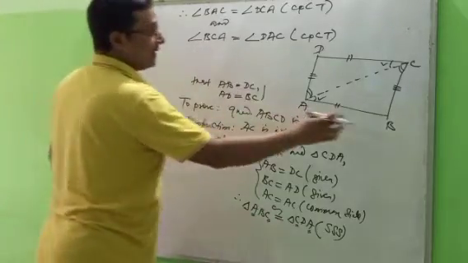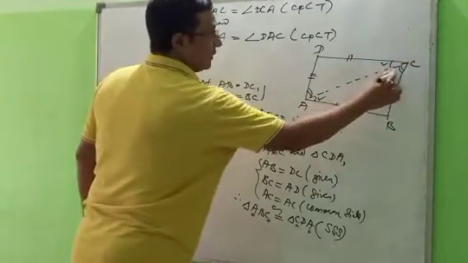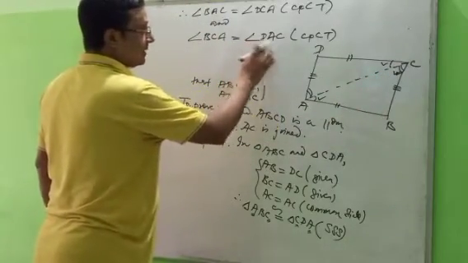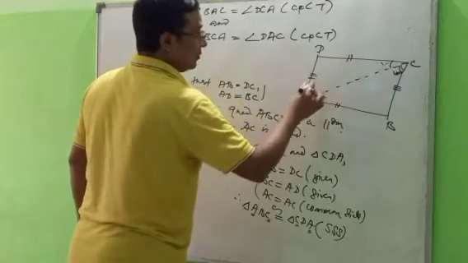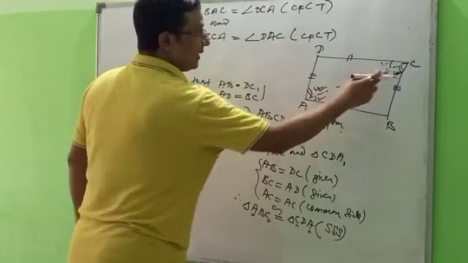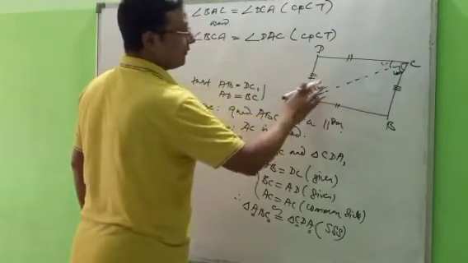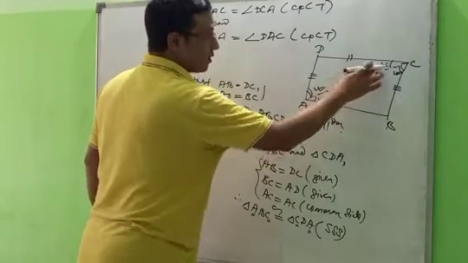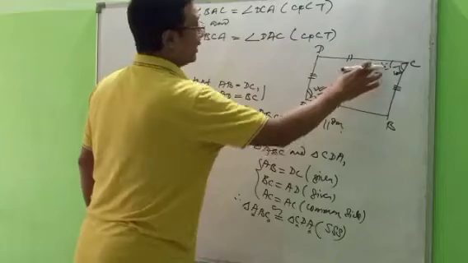Now this angle BCA equals angle DAC. These two angles form a pair of alternate angles, and these two angles form the second pair of alternate angles.